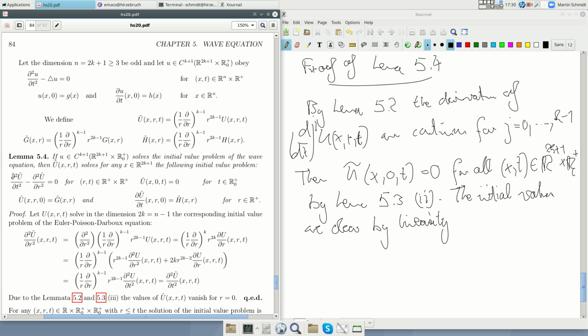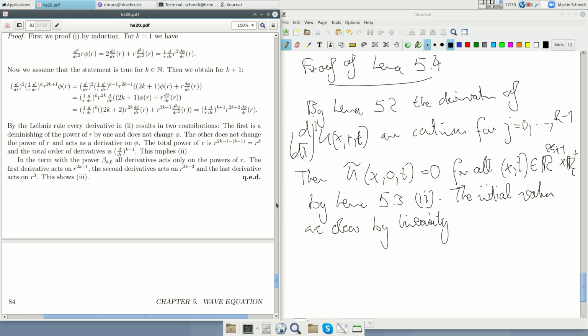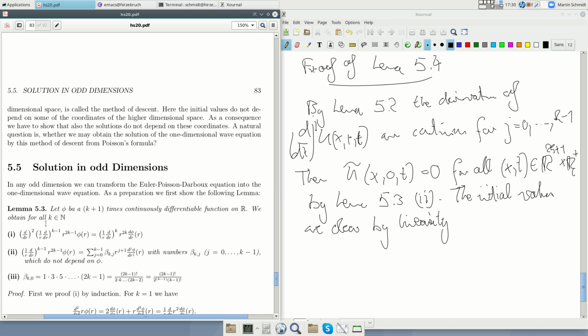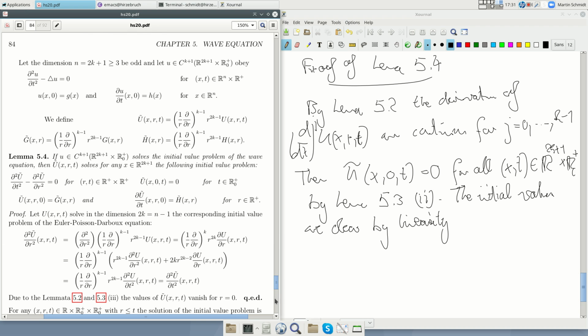Okay, now we have to do this calculation. We take this derivative, and then we have exactly this expression. And again we use this lemma here, so we have this expression times 2k, power of 2k. So we insert this here. This is exactly this formula which we had here. So then we have this expression here.